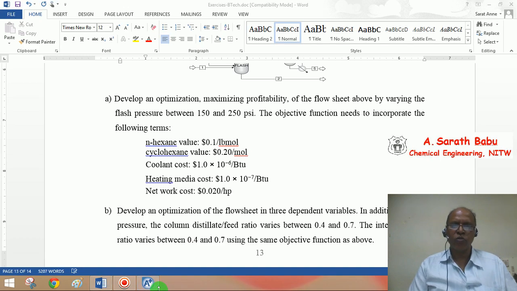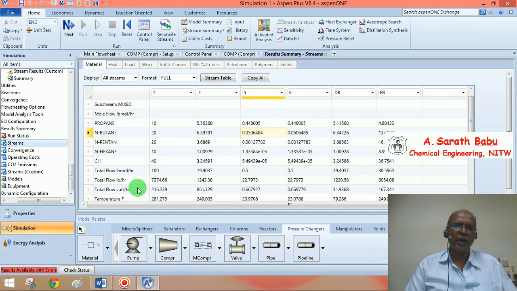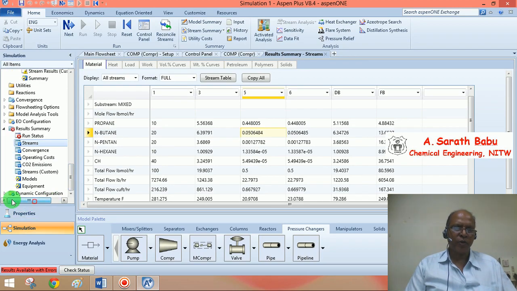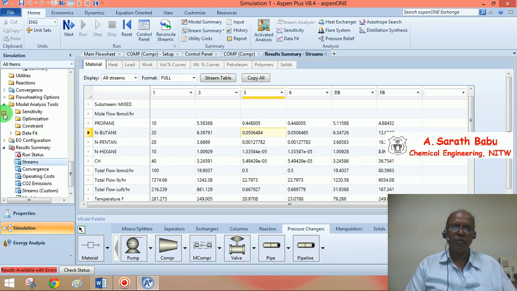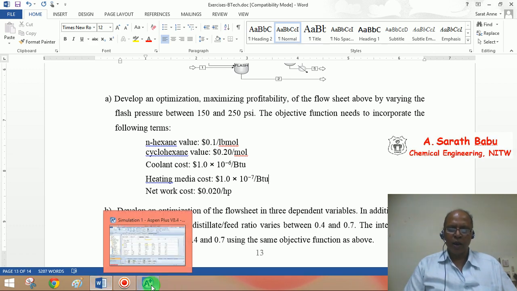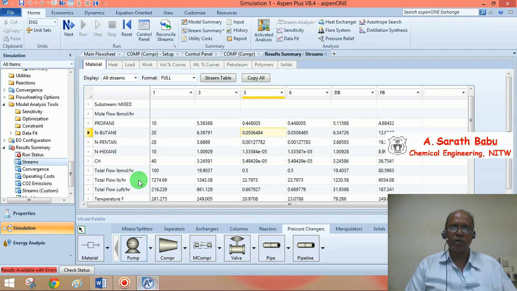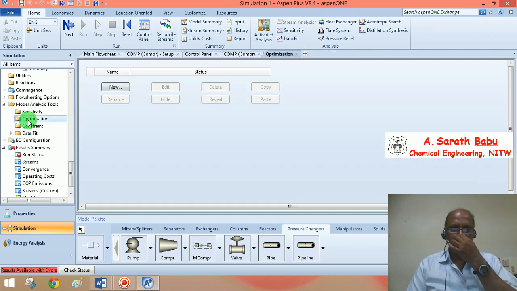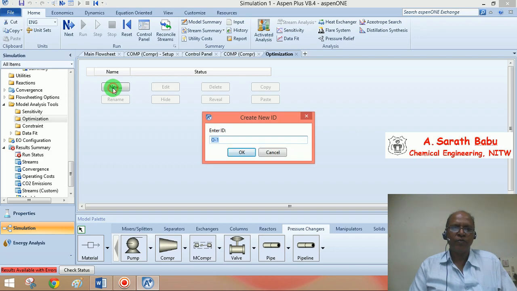So let us now resort to optimization. Calculate the total amount of profit that you will be able to get, the revenue first. So revenue is going to be based on N-hexane and cyclohexane values in both flash column bottom as well as distillation bottom. Say new.